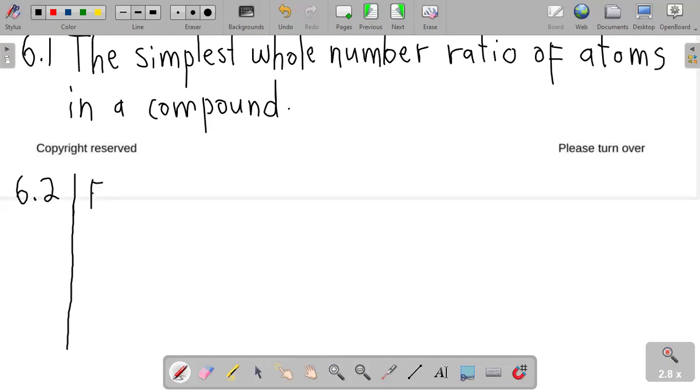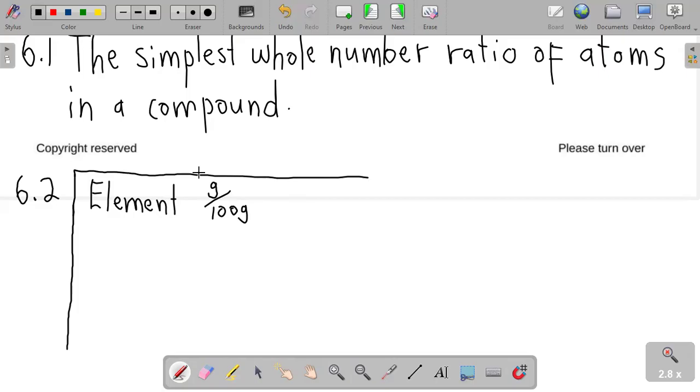So there is element, and then there is g over 100 g, which is going to be your percentage. The percentages come in this column here.